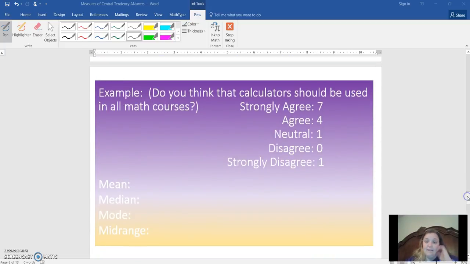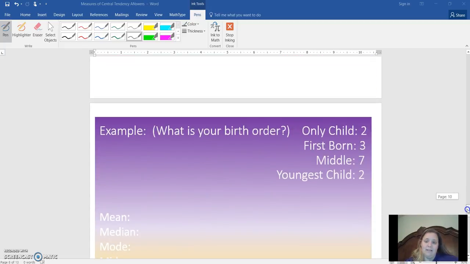Okay, and then this, I have how many are in each category, but I have categories. And these categories, strongly agree to strongly disagree, versus these, only child, firstborn, middle, youngest child. Being the only child versus being a middle child, one's not better than the other, although you can jokingly say it is, right?